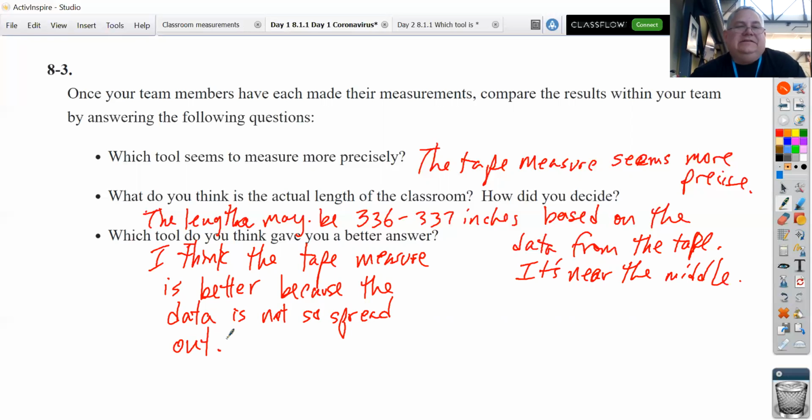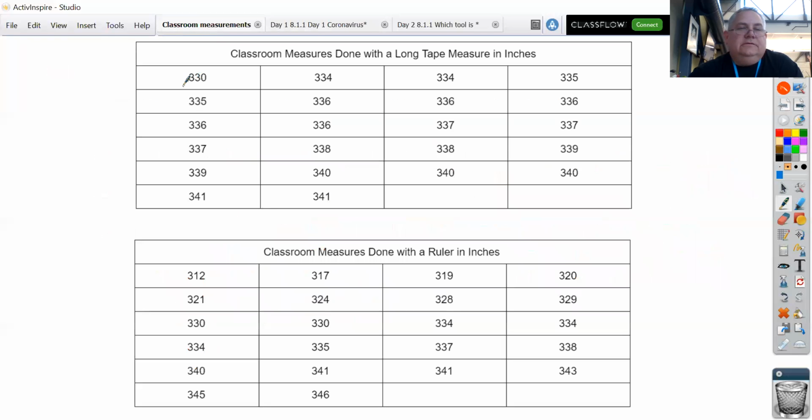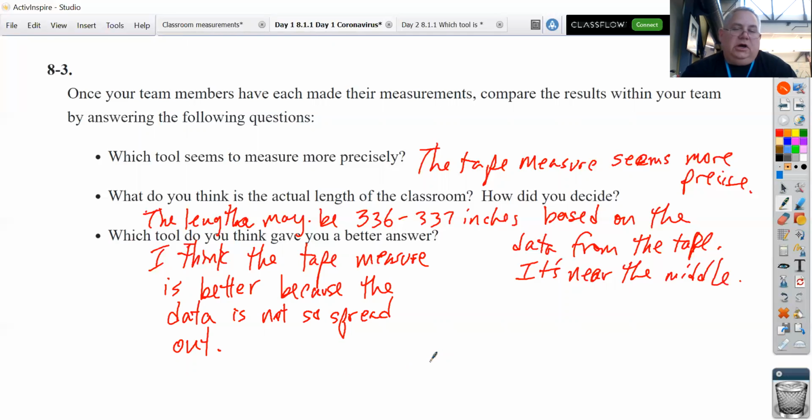So if I go back to that data, and you can pause now to catch up to your writing, if I go back to look at that data, it goes from 330 to 341 versus 312 to 346. The inches in a ruler are spread out much farther than the tape measure ones. So I think these might be more accurate. All right, head on. Once you've paused and caught up to your writing, go ahead and start your video again.